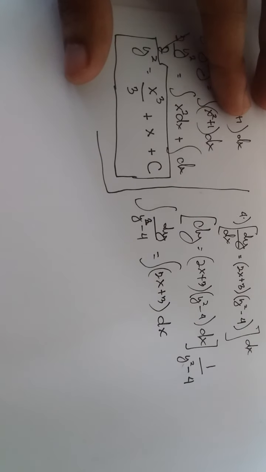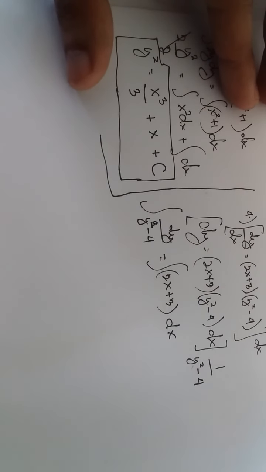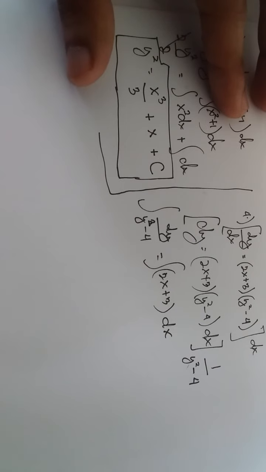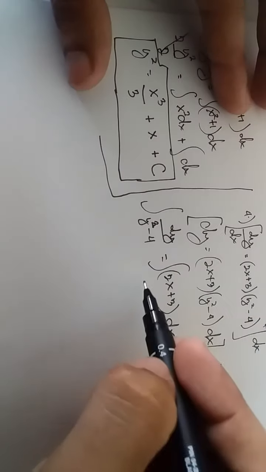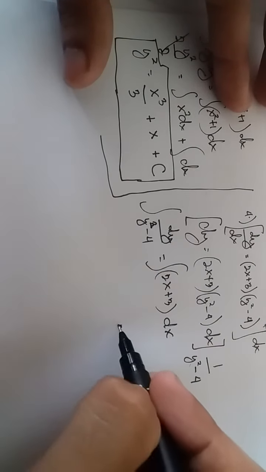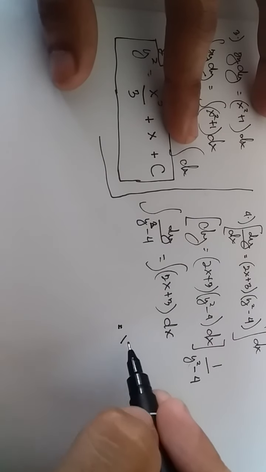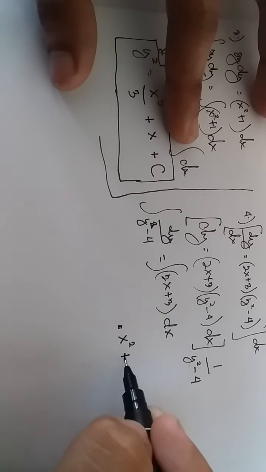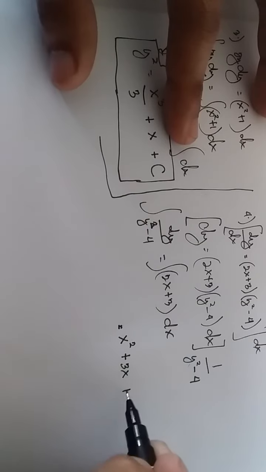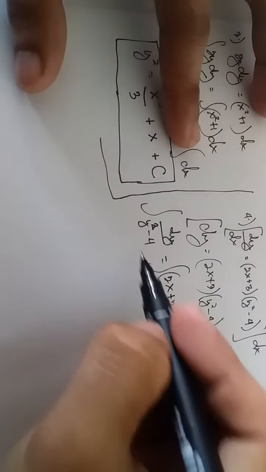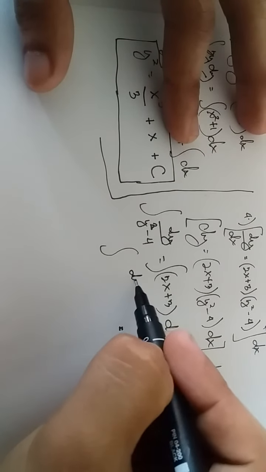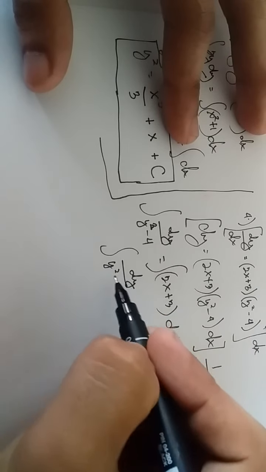Obviously our left hand side is more complicated than our right hand side, so we'll integrate the right hand side first. The integral of this one is x squared plus 3x plus c. How about the left hand side, which is dy over y squared minus 4?